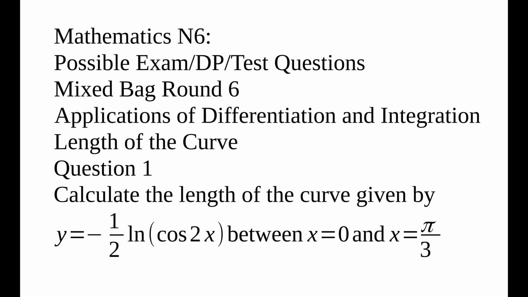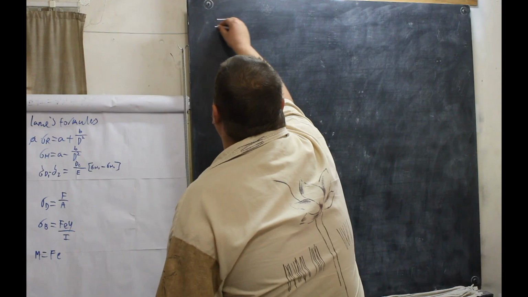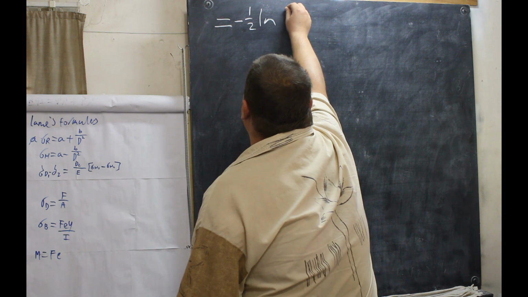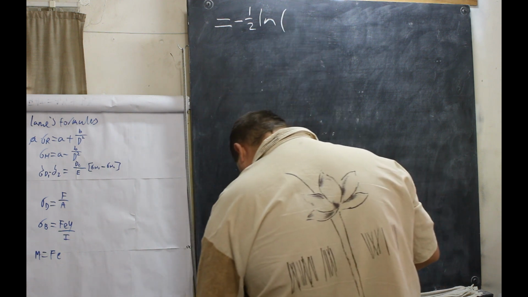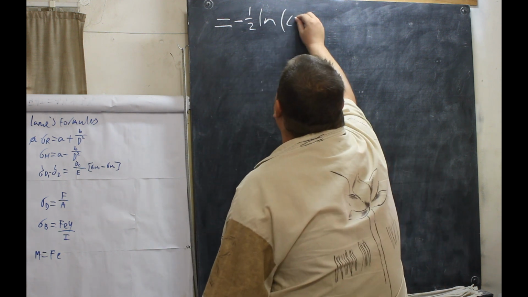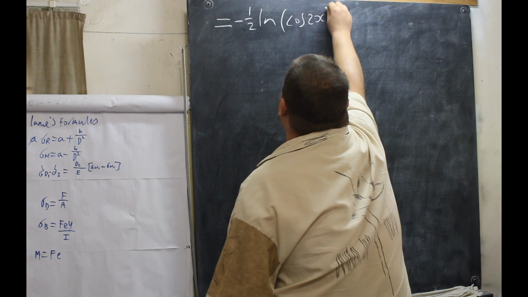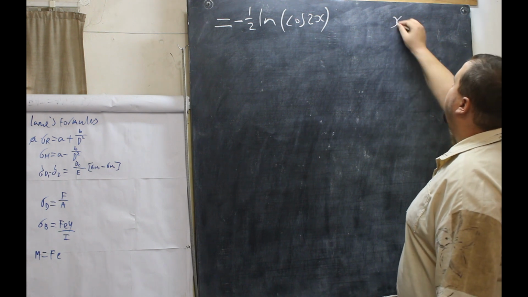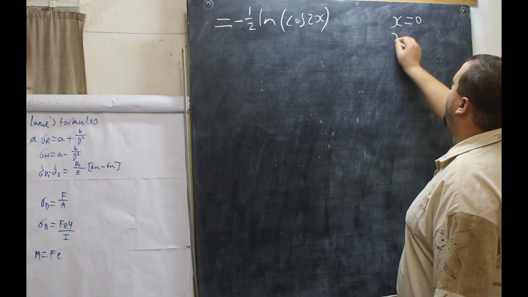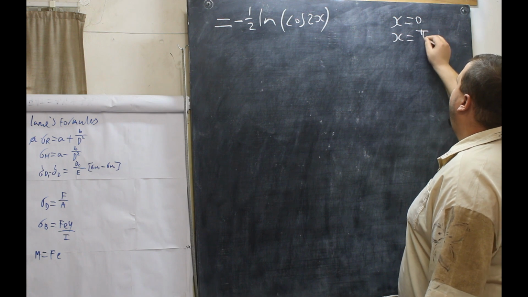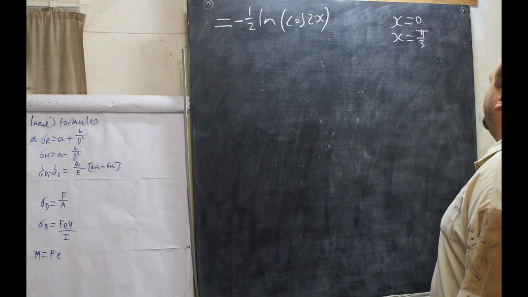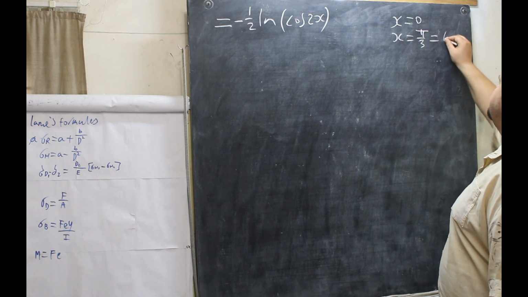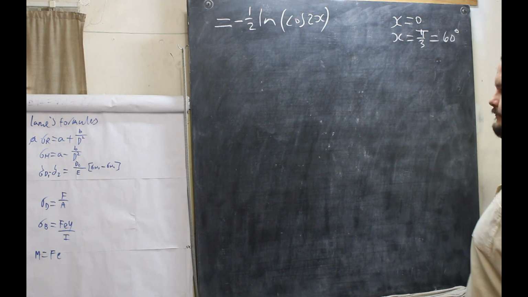So our sum goes y equals minus a half ln cos 2x, and our limits are x is equal to 0 and x is equal to pi over 3. Pi over 3 is 60 degrees.